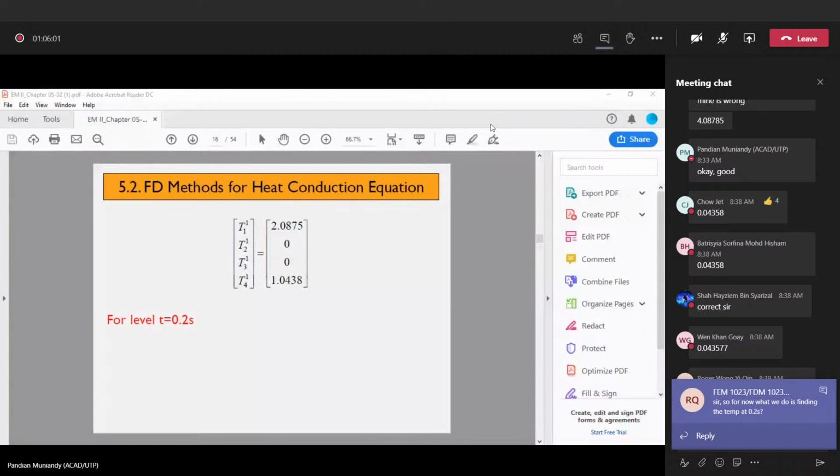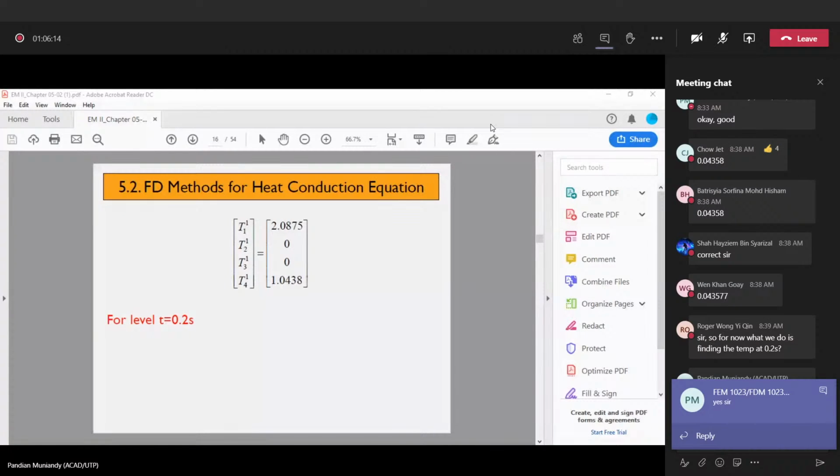So for now, what we do is finding the temperature at 0.2. But we have to find it at 4 different x. At t 0.2, you have to find the temperature T1, T2, T3, T4.